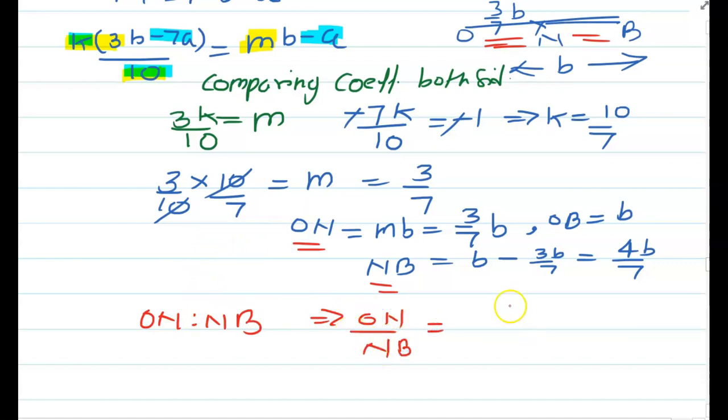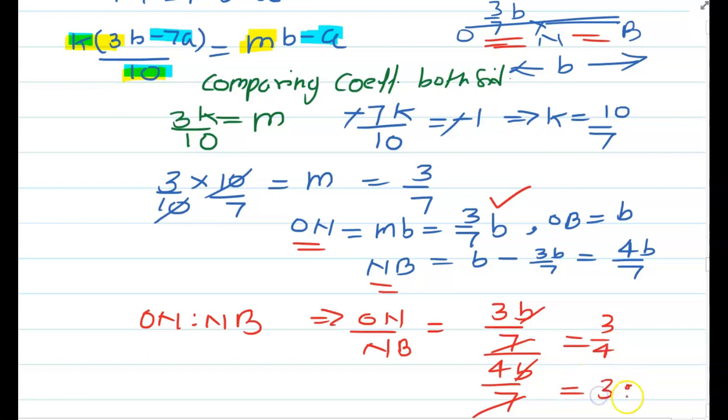What is ON? ON is 3B over 7 from here. And what is NB? 4B over 7. 7 and 7 cancel, B and B cancel. So what we got? 3 over 4, or you can write 3 is to 4. That should be your answer.